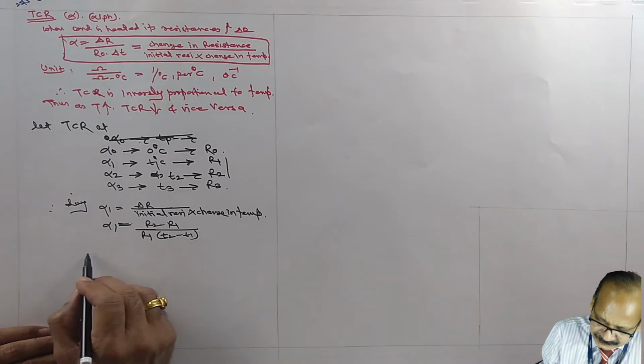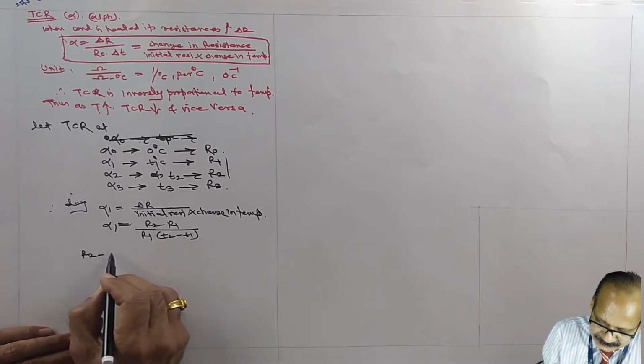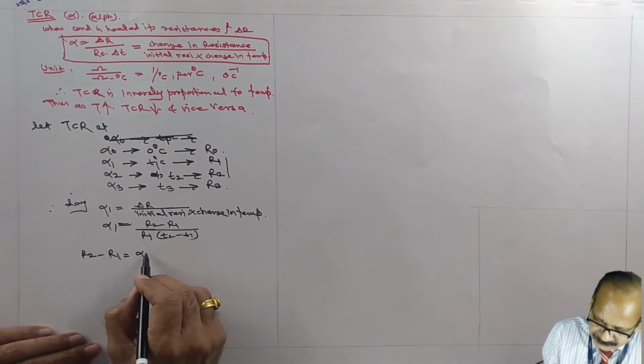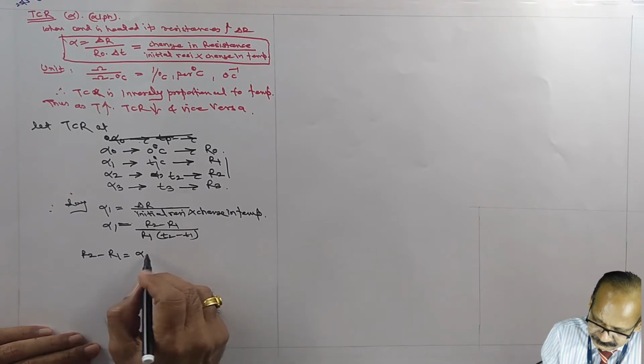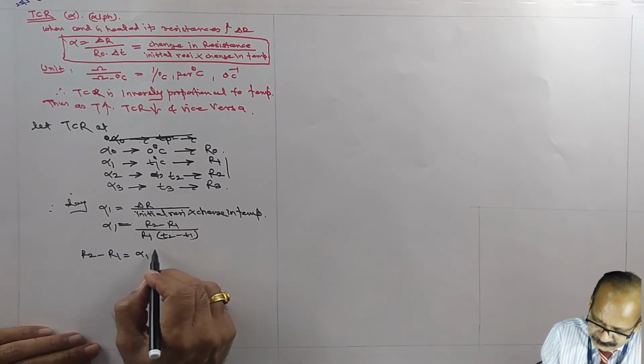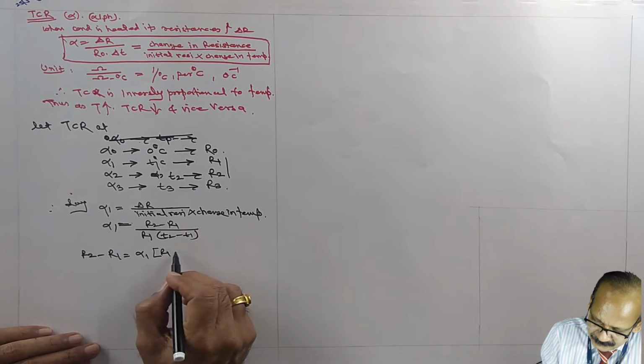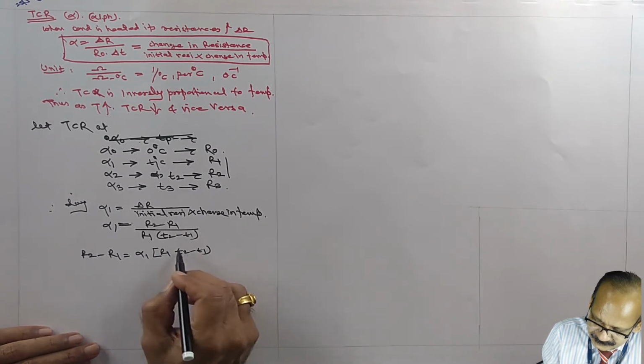Now take the cross product: R2 minus R1 equals alpha 1 into R1 into T2 minus T1.